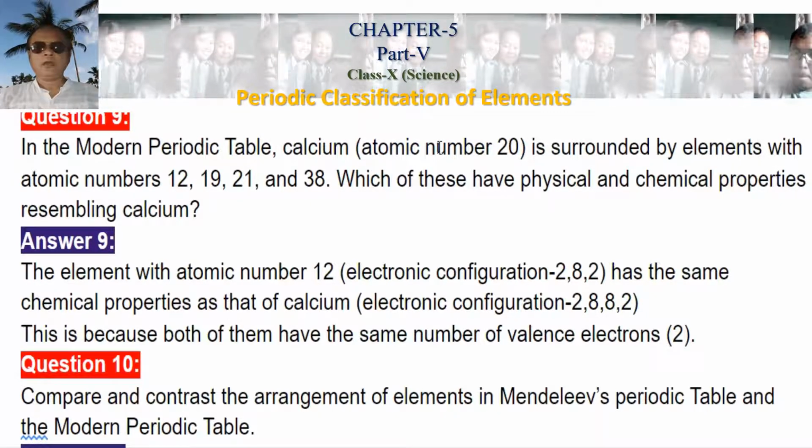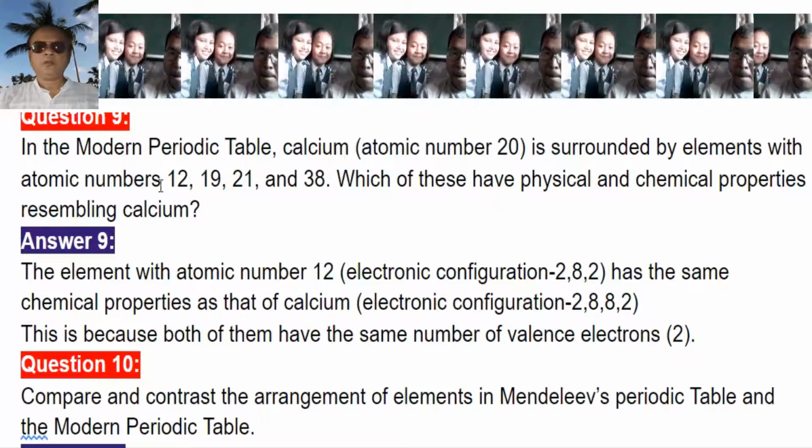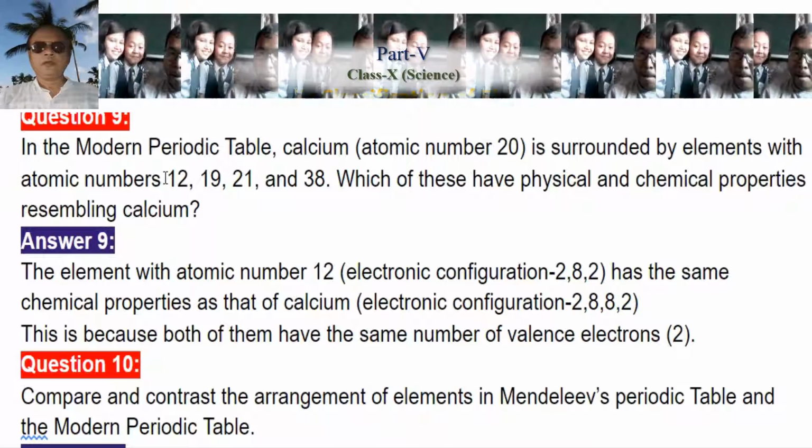The atom with valency equal to calcium will have similar properties. The electronic configuration of calcium is 2,8,8,2 and that of the atom with atomic number 12 is 2,8,2. So the atom with atomic number 12 will have properties similar to calcium.